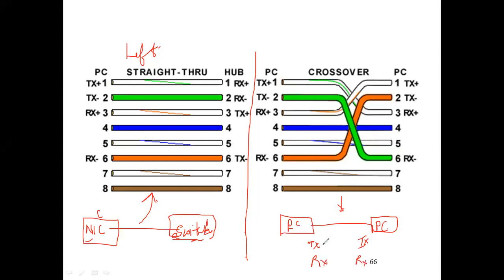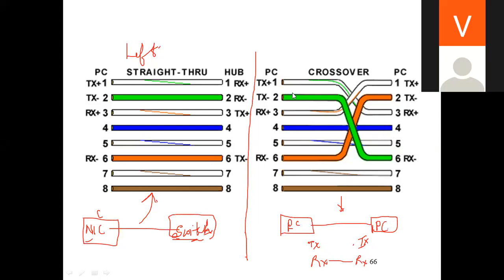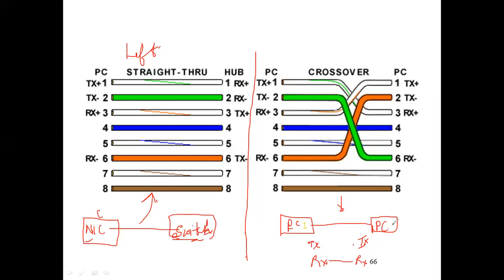If we use a straight cable, you can see we are connecting the TX of one PC to the TX of another PC, right? Suppose this is PC1, and this is PC2. So over here you can see we are connecting TX with the TX of this. So that will be totally wrong. So a straight cable will not work over here, right?